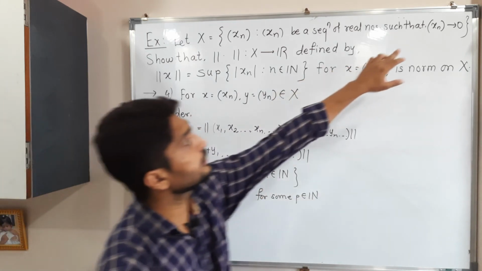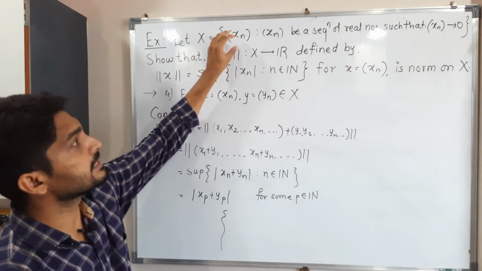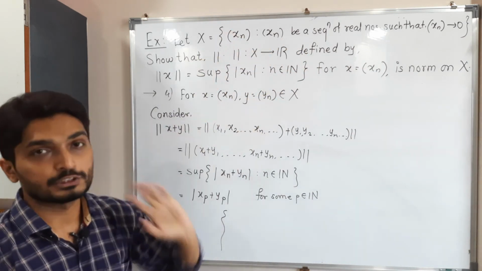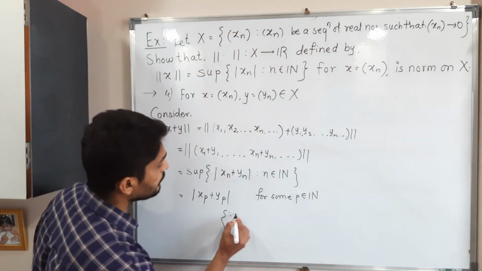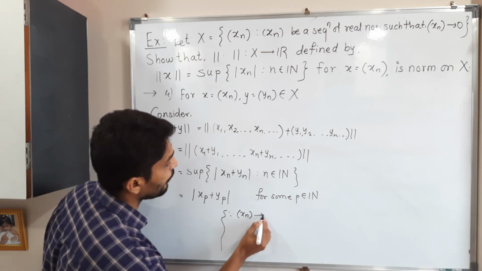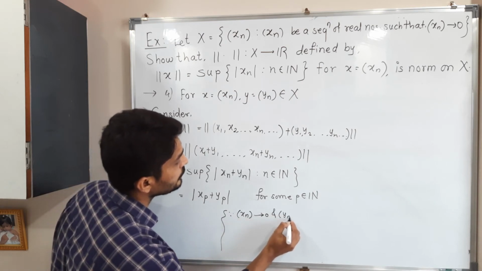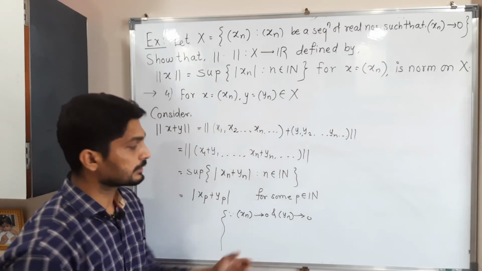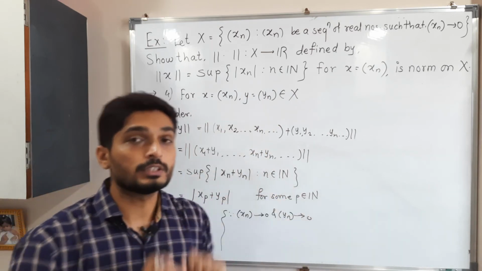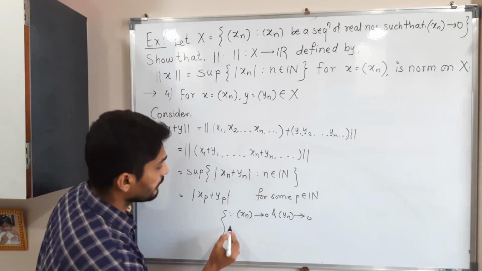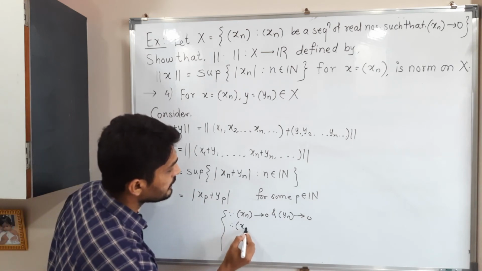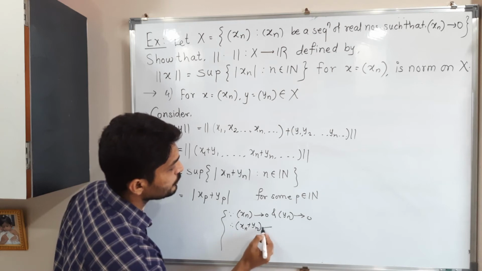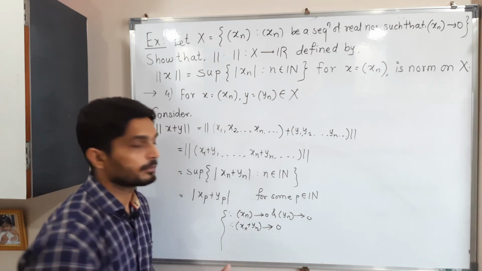Because by definition, if any sequence is a member of this family, it converges to 0. So because xn converges to 0 and yn also converges to 0. Definition says, since these are two elements of X, obviously both of them converge to 0. So therefore xn plus yn, this sequence converges to 0 plus 0, that means 0.